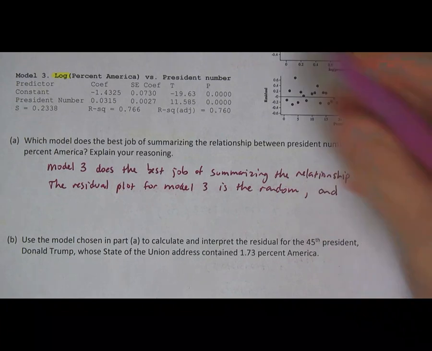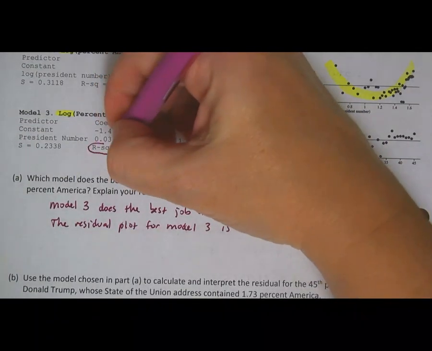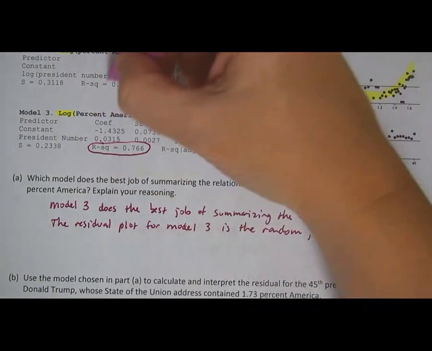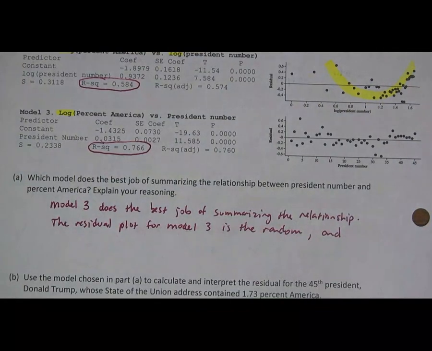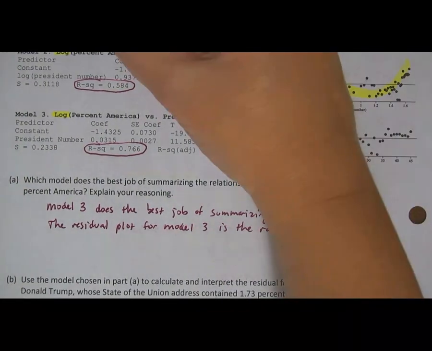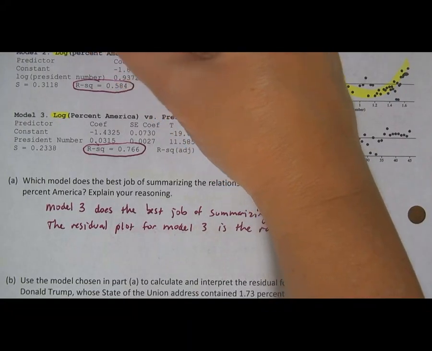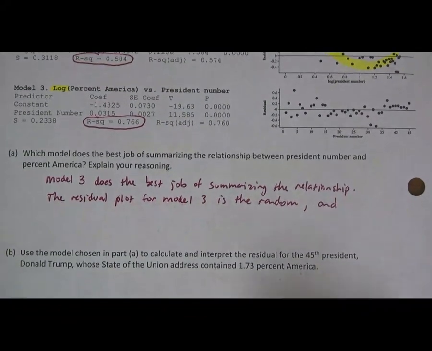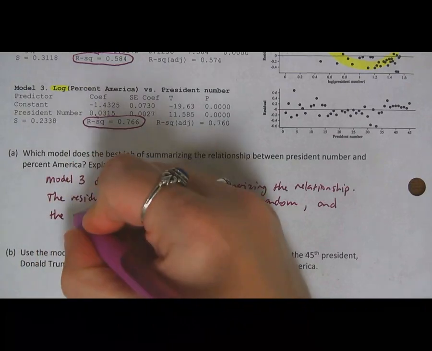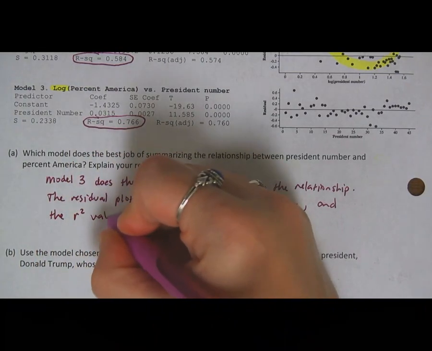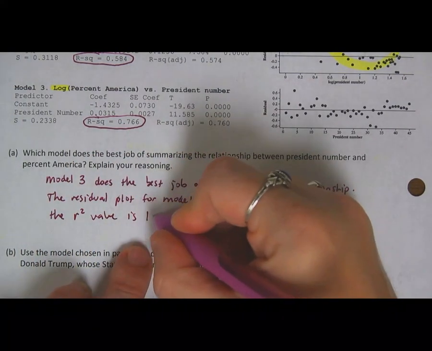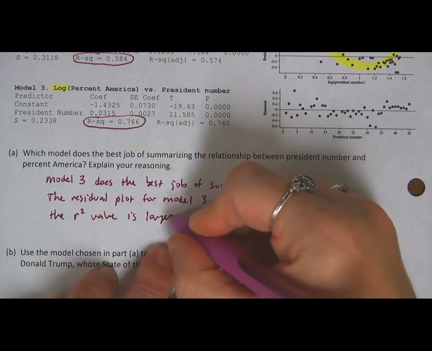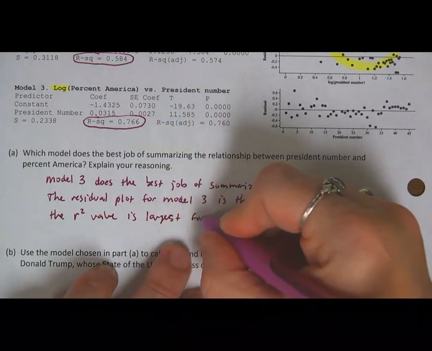And let's go ahead and just make a note right here. Look at the R-squared value. It's a lot stronger than Model 2 was. It's a lot stronger than Model 1. So let's just put, and the R-squared value is largest for Model 3.